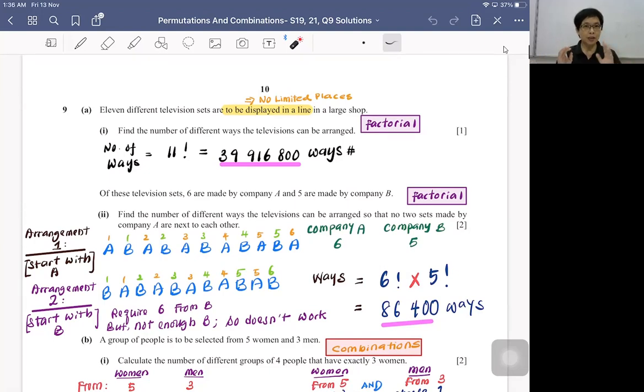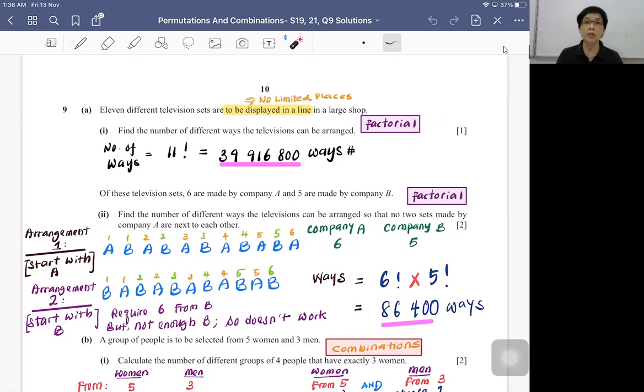They did not specifically mention that in that line you can display only 7 televisions. No, they did not say. So you are highly likely to use factorial.